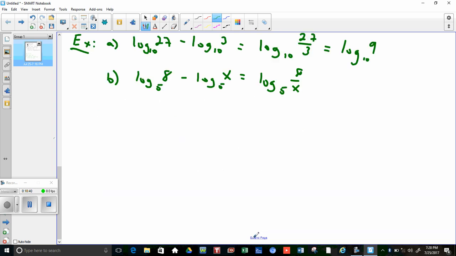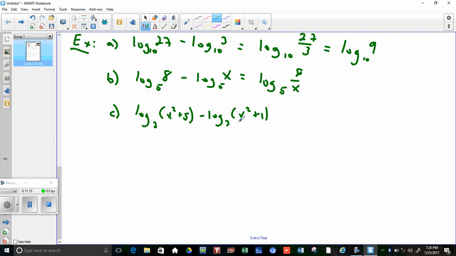Okay, extend the page a little bit more. Third example. Log of x squared plus 5 base 3 minus log of x squared plus 1 base 3. Bases are the same. We have a subtraction.